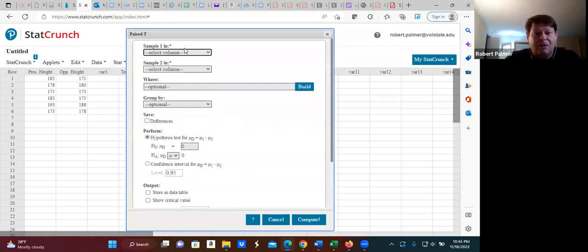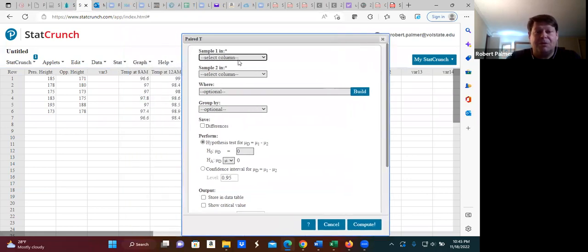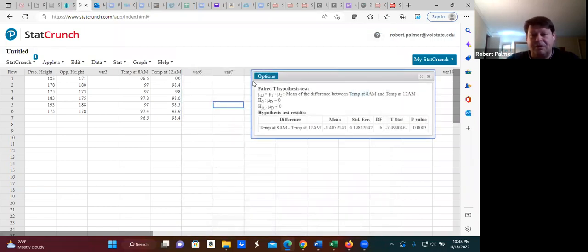Go to Paired, and then once again, select the columns. We said we'd do 8 a.m. minus 12 p.m., so column 1, make sure it's 8, and then just be consistent, column 12, make sure it's 12. That's what we chose. And then here, our null hypothesis is that mu is equal to 0, and the alternate is that mu is not equal to 0, simply that they're not equal. Then make sure everything's correct, hit compute.